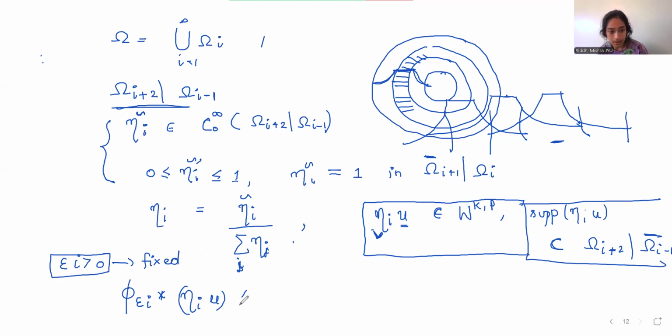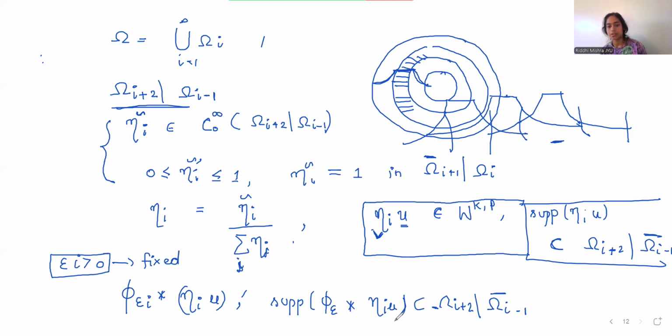So this is a smooth function, and you can check that the support of this function for each i is inside Omega_{i+2} minus Omega_{i-1}.